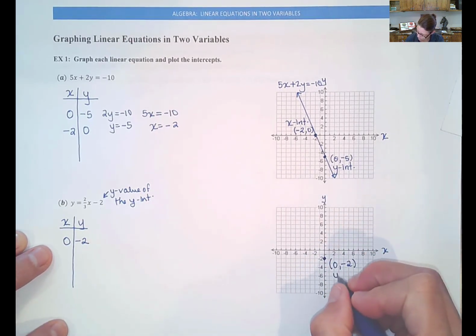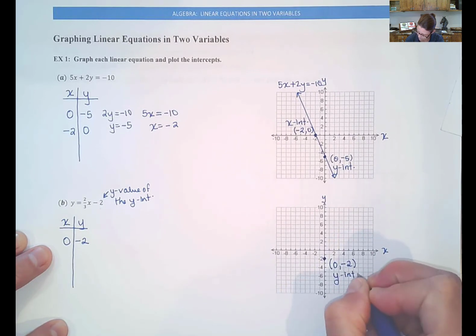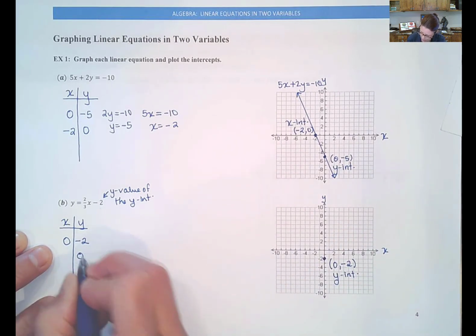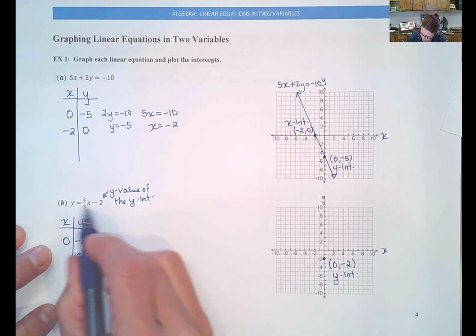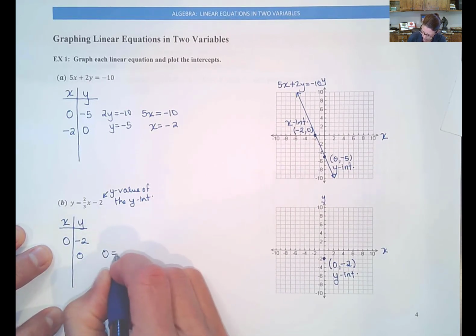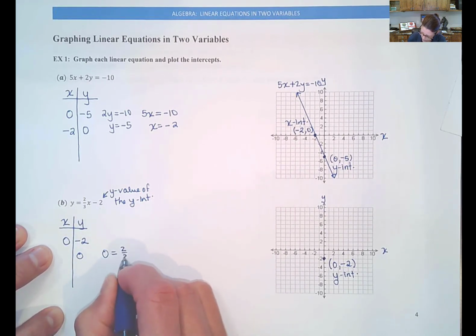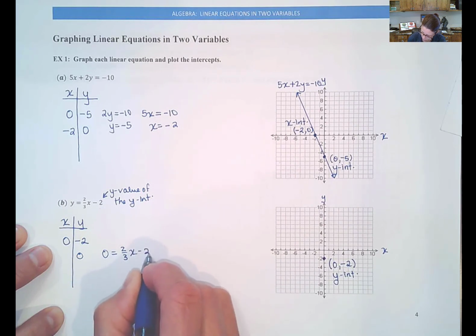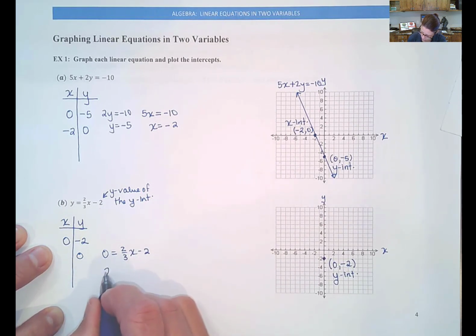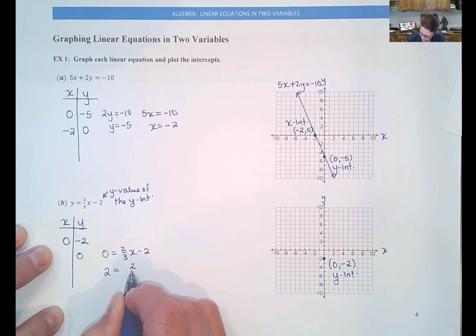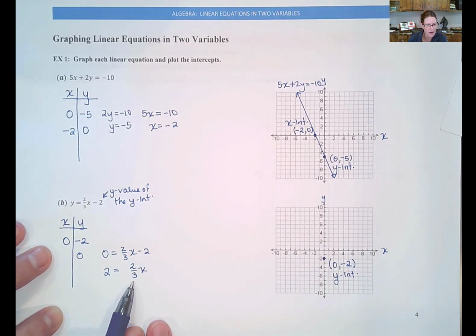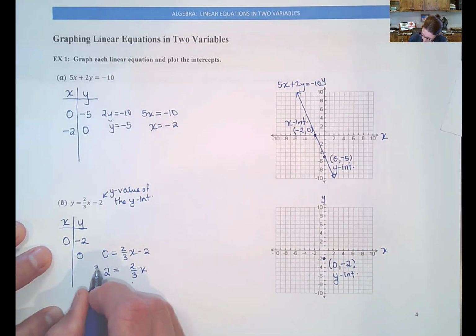Okay, that's our y-intercept. Well, let's turn around and substitute y equals 0. So in our equation, if y is 0, we've got 0 equals 2/3 x minus 2. Let's add 2 to each side. And then let's multiply each side by 3/2, which is the reciprocal of 2/3.